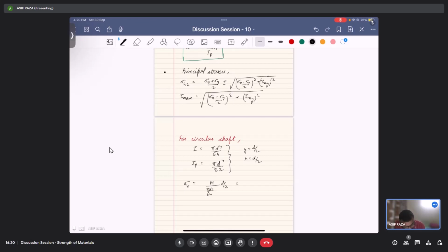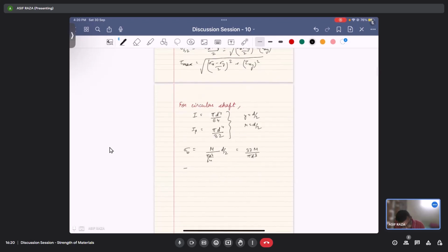This will be 32 M by pi d cube. Tau would be T by pi d to the fourth by 32 times d by 2, that would be 16 T by pi d cube.